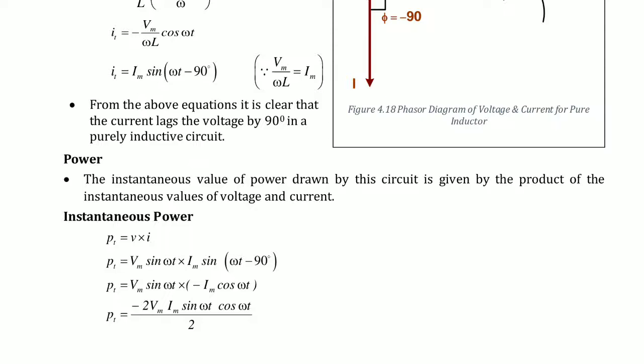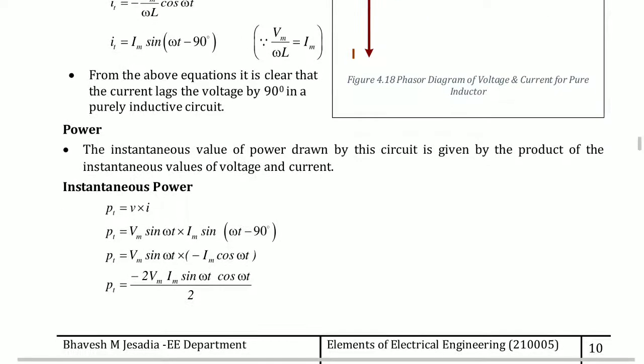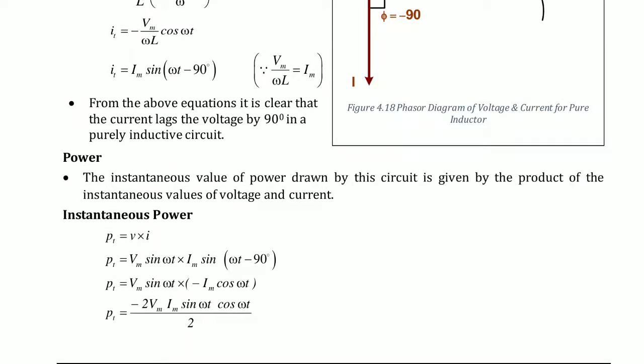The instantaneous voltage is Vm sin omega t, and the instantaneous current is Im sin omega t minus 90. Here the current is lagging the voltage by 90 degrees, so minus 90 is written.